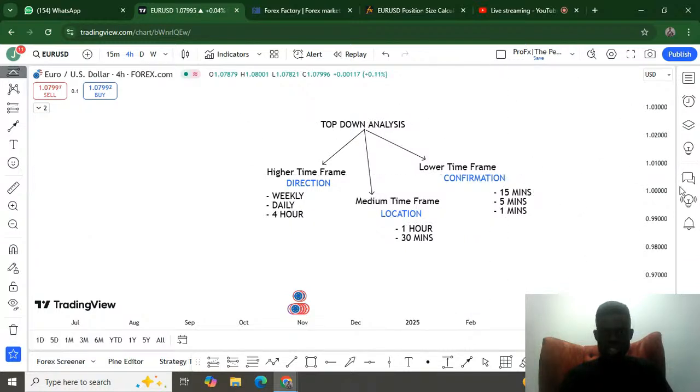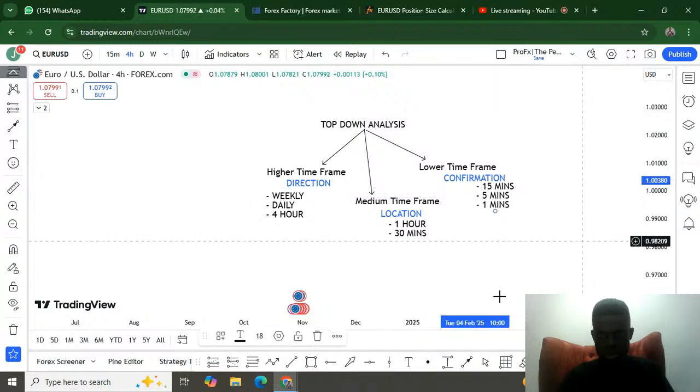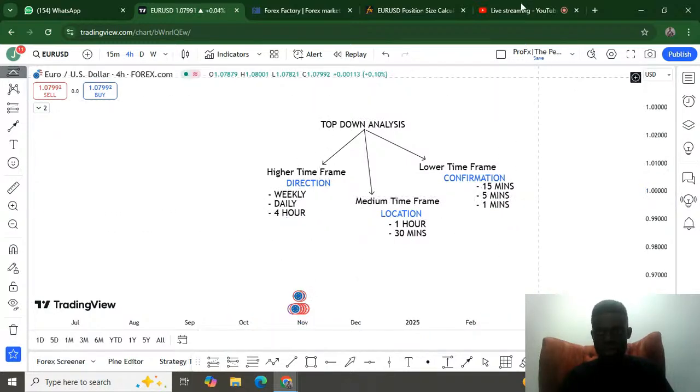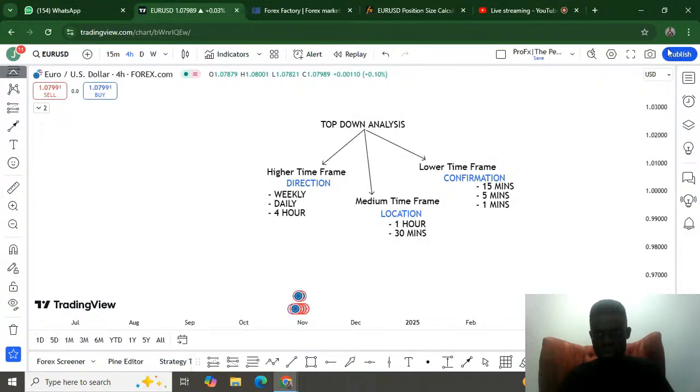So this is the standard. This is the top down analysis. Are we together? So that's what we have for top down analysis.